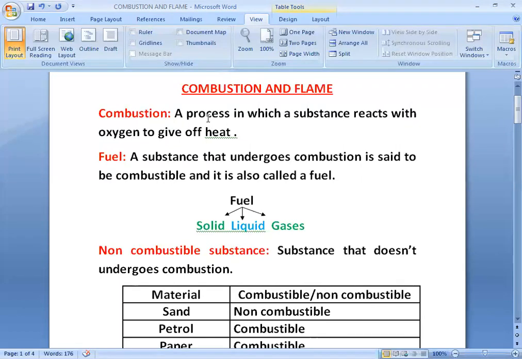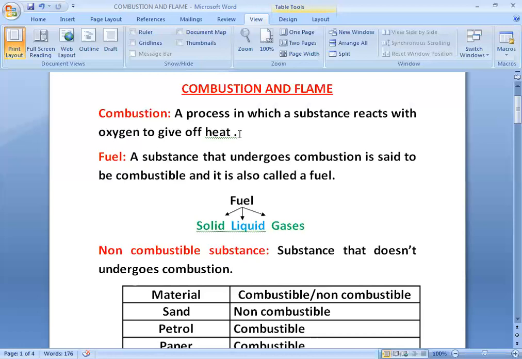Burning always takes place in the presence of oxygen gas. So, a process in which a substance reacts with oxygen, means it burns to give off heat and light. This process is known as combustion.